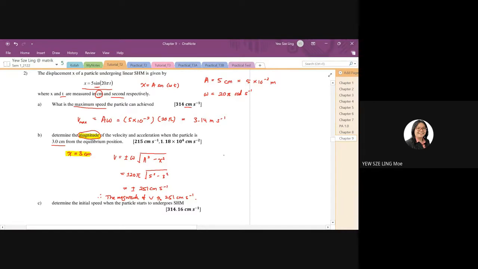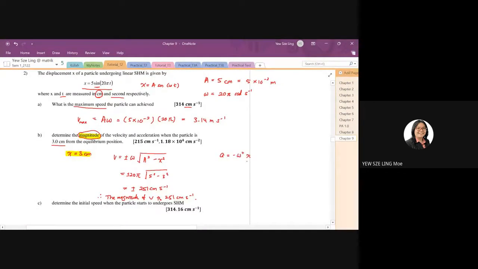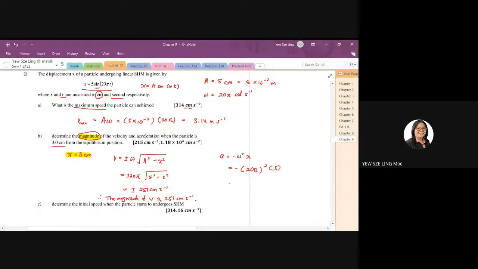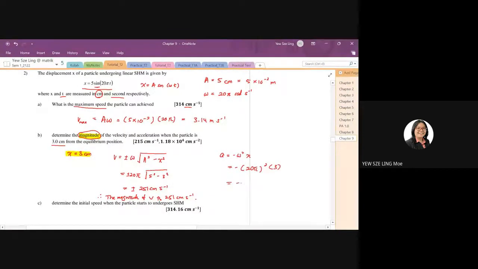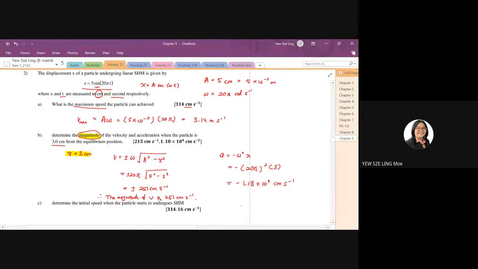Next, the equation for a is a equals negative omega squared x. So it is negative. Omega is 20 pi, squared, and then the x given is 3. If you calculate it, it will be negative 1.18 times 10 to the power 4 cm s^-2.